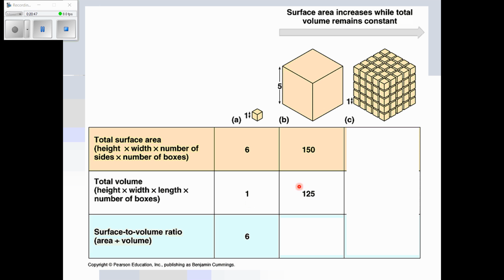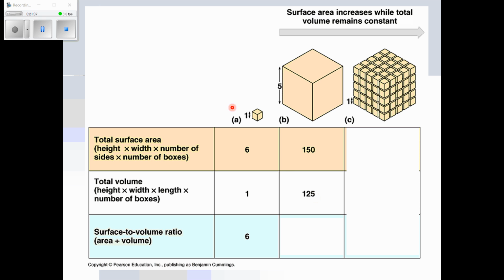It means that when a cell grows larger, the volume grows much, much more dramatically larger than the surface area. Volume increases at a much faster rate than surface area.